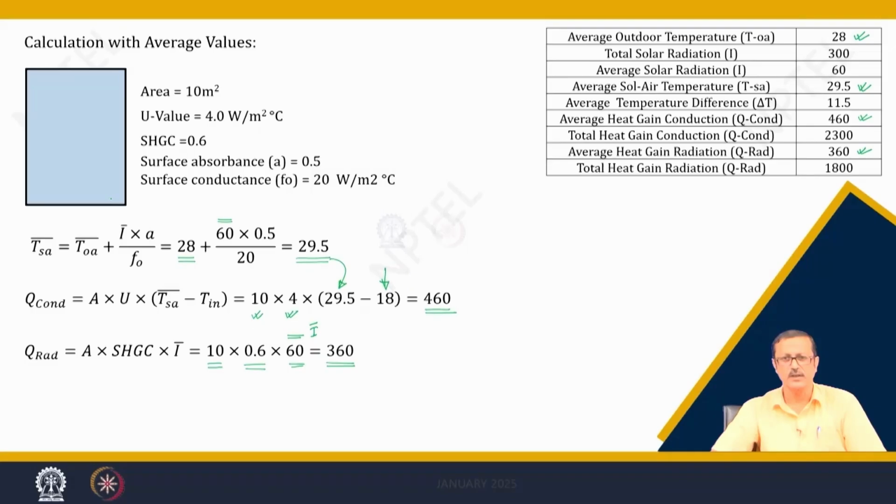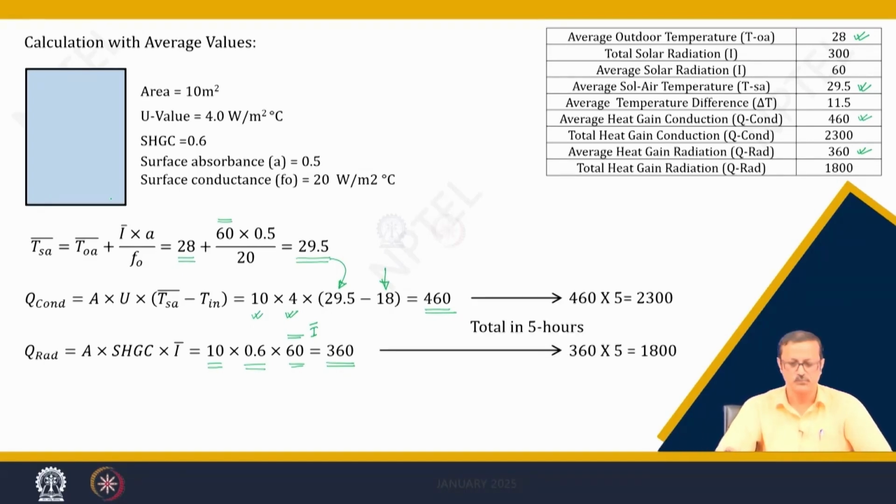Annually, maybe I can take the average solar radiation and temperature data for each month, and that will give me a tentatively very accurate result for annual heat load and cooling load calculations also.